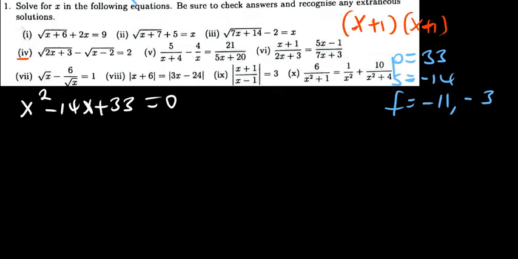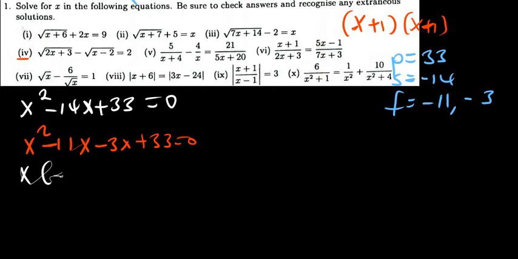Meaning that I have got x squared minus 11x minus 3x plus 33 is equal to 0. Let's factor out x. I'll have x open brackets, I'll remain with x minus 11.